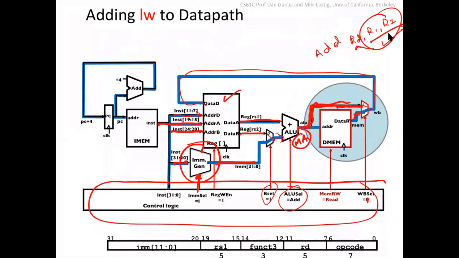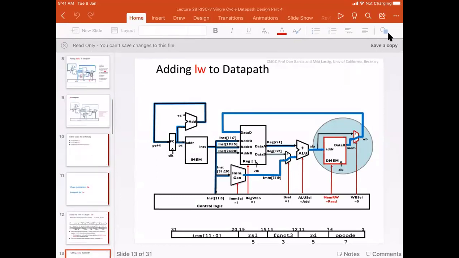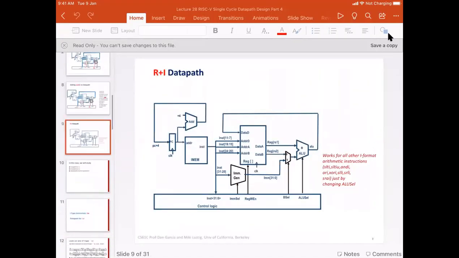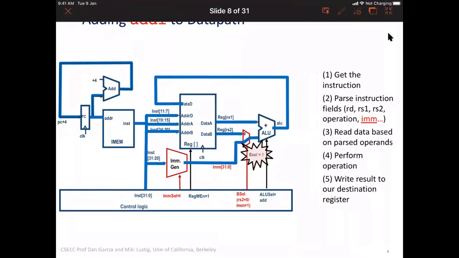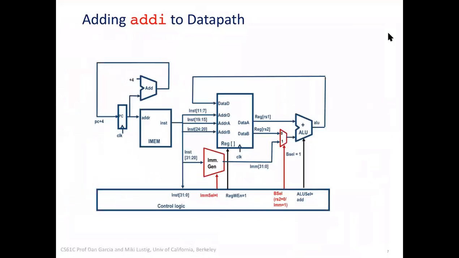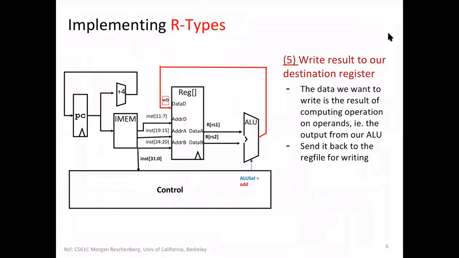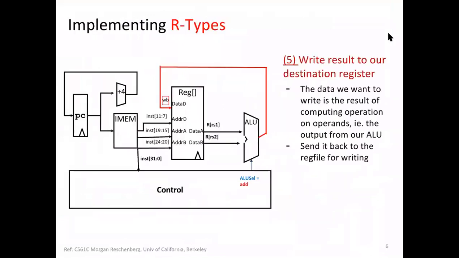Okay. All right. So now for the immediate field, for example, I will show you. Let's go back to this section. So what are we doing here in addi? We have 12 bits available as part of the instruction. If you look at the addi instruction format, you have an immediate field of 12 bits, right?